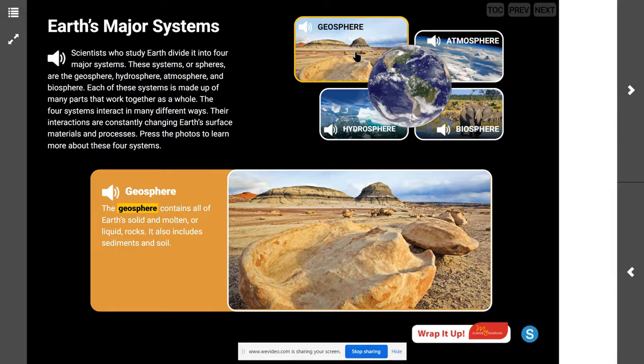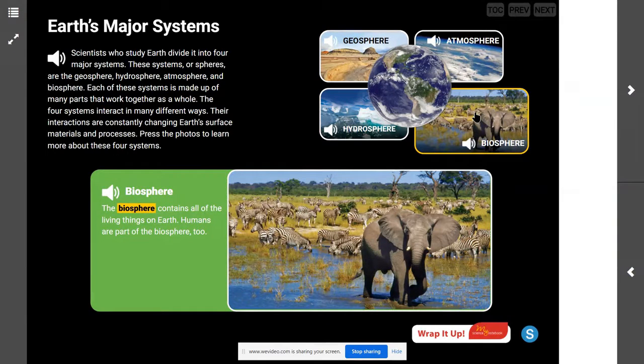How is the biosphere different from the other three systems? Well, the biosphere is different because it's made up of living things. The other three systems, the hydrosphere, geosphere, and atmosphere, are non-living things. But the biosphere is all of the living things.